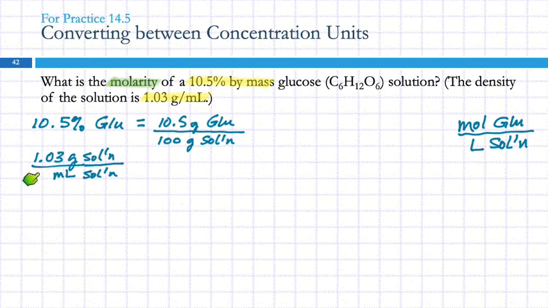Both of these have per in the units, and our answer has per in the units. We're trying to find a concentration in molarity, so what we need to start with is the concentration in mass percent. So we want to convert grams of glucose per 100 grams of solution into moles of glucose per liter of solution.